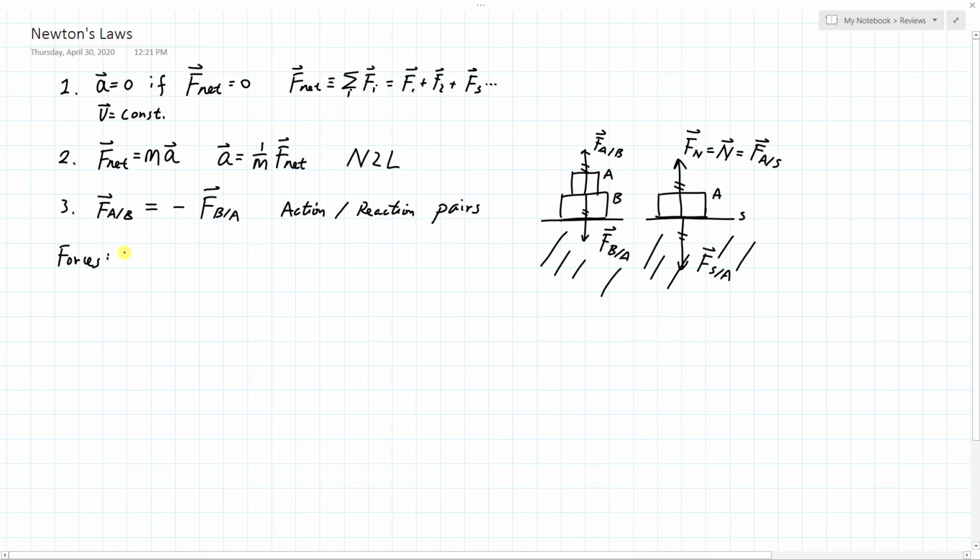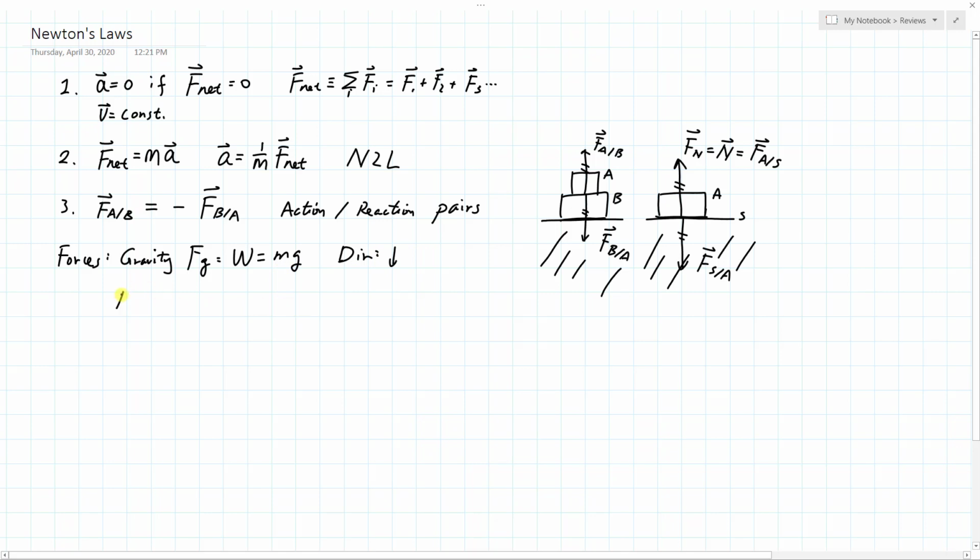We could have gravity. It could be Fg, or it could be W, different symbols, and this is equal to mg. The direction is downward, and the magnitude is a constant m times g. So this is one force.